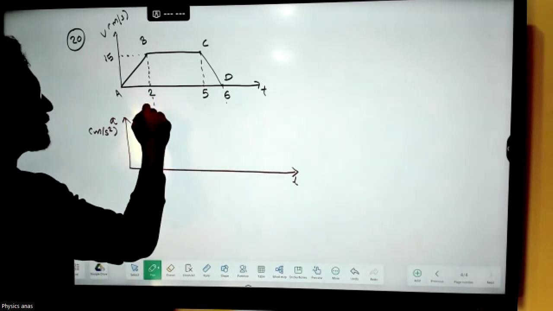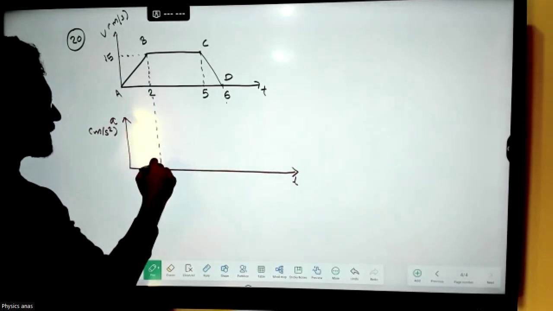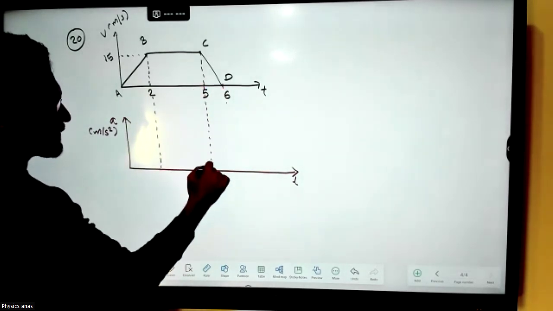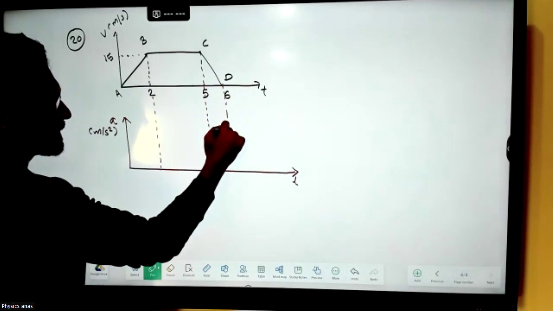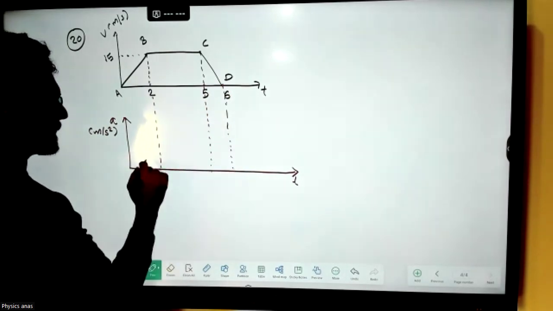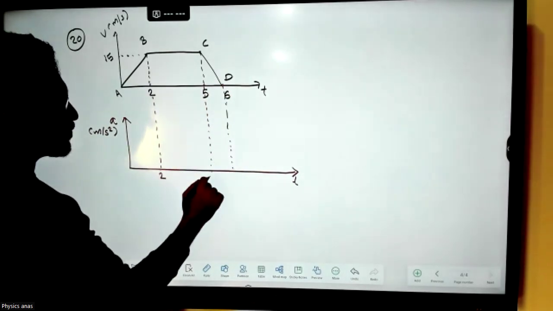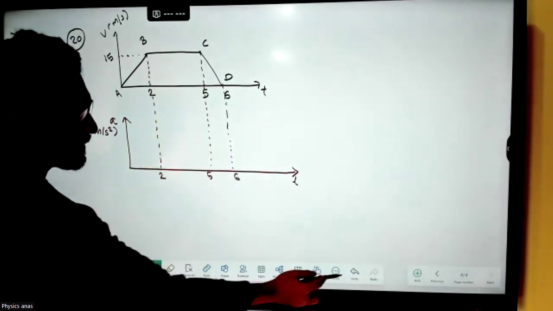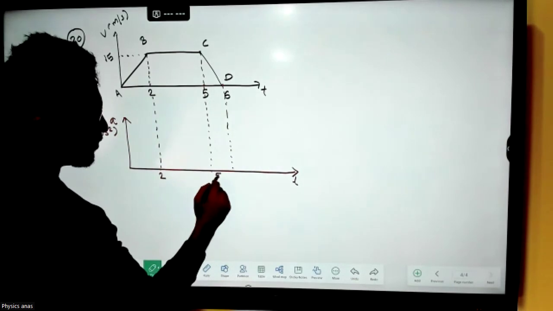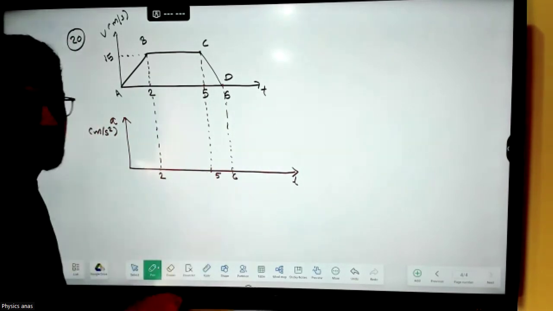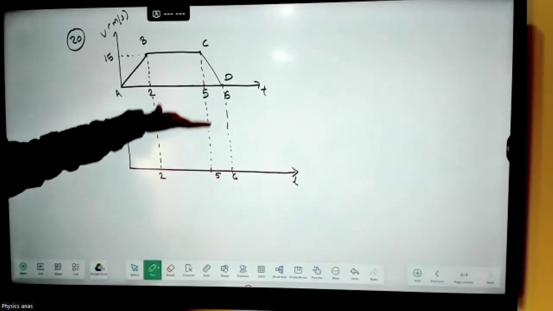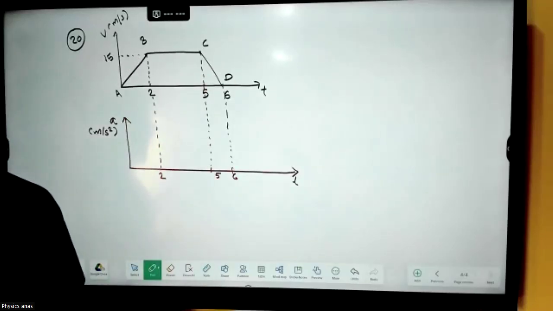The time points are extended lines. This is 2, this is 5, this is 6. You got it? I have extended the points in time.